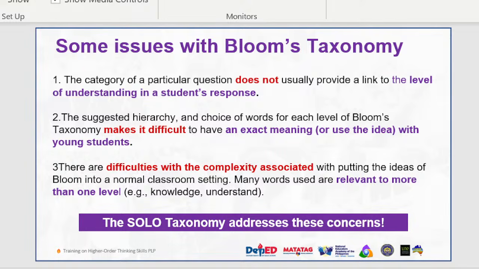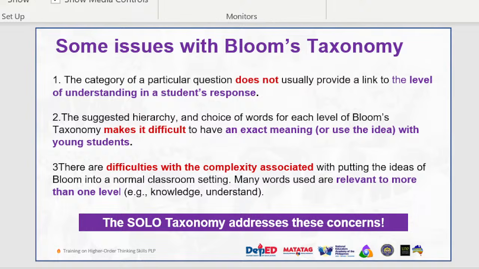So for example, for a grade 2 student, how can you tell them to analyze something or synthesize information? The concepts are difficult for young learners. On number 3, there are difficulties with the complexity associated with putting the ideas of Bloom's into a normal classroom setting.